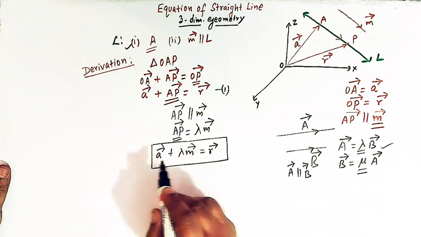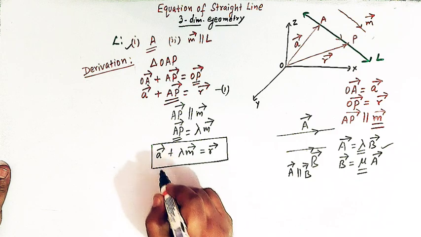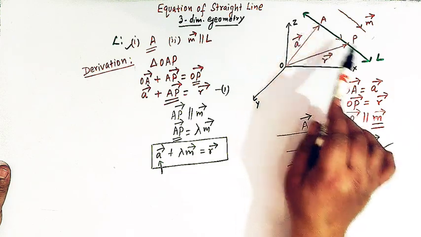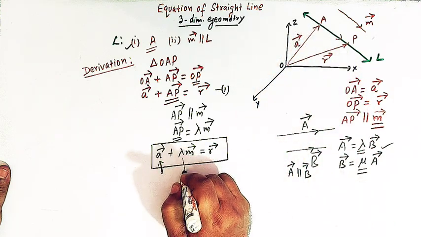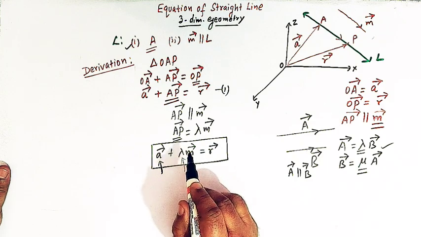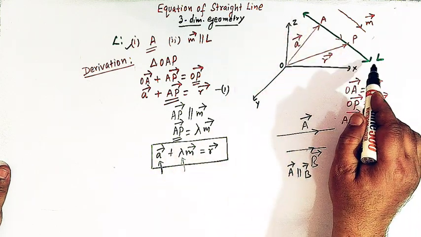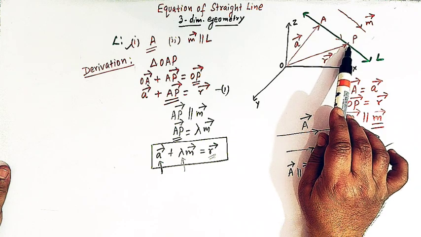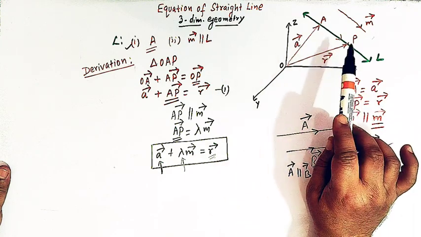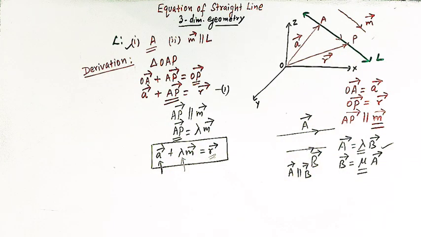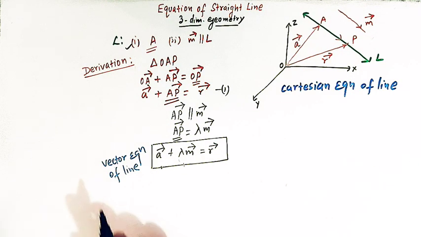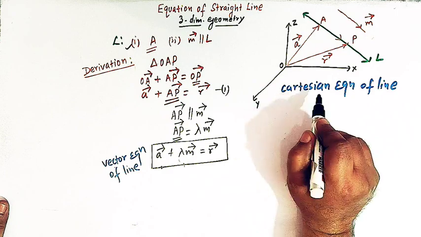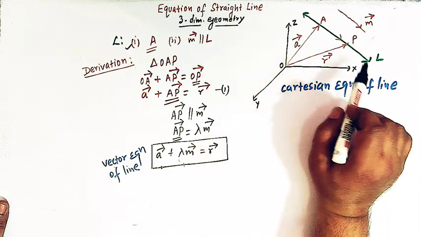Here vector R is equal to vector A plus lambda times vector M. This vector always denotes the position vector of a point lying on the line L, and lambda is some scalar, and vector M is a vector which is parallel to the given line L, and this vector R is the position vector of any arbitrary or general point lying on the line L. So this is the vector equation of the line, and using it we can easily find the Cartesian equation of this line L.